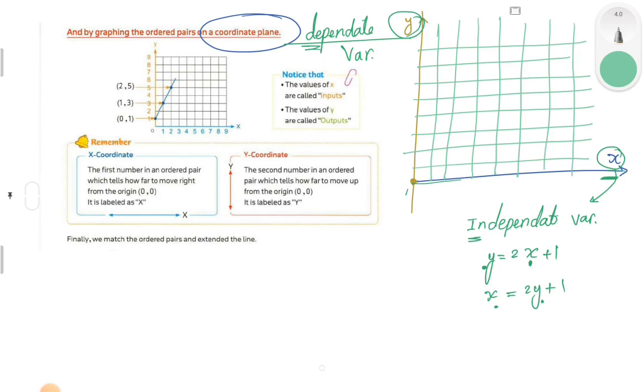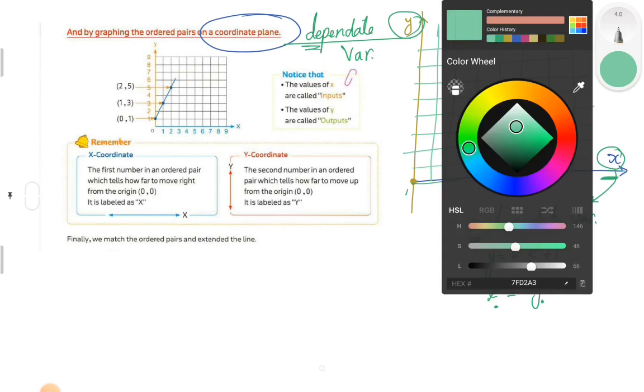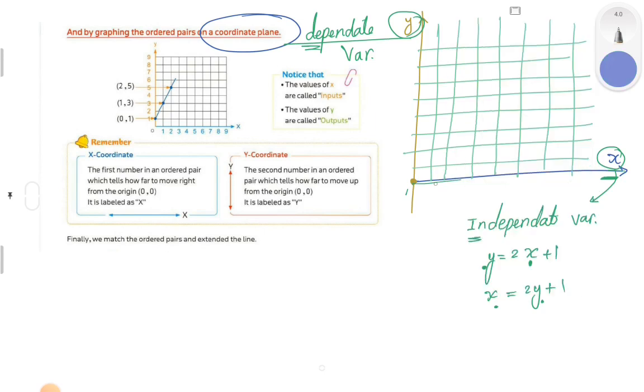Okay, note with me, after we draw the x-axis and y-axis, we can write here, this is the origin point. Don't forget, this is the origin point, right?